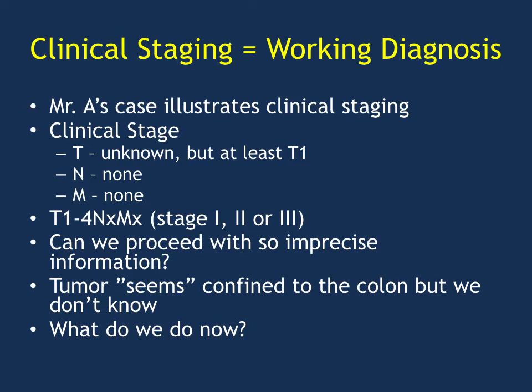N, as I said, is pretty unreliable, and M is fairly reliable, but obviously has limits as well. So in reality, he's a T1 through 4, NX, MX. So he could either be stage 1, 2, 3, probably not 4, but within reason, it's probably 1, 2, or 3.